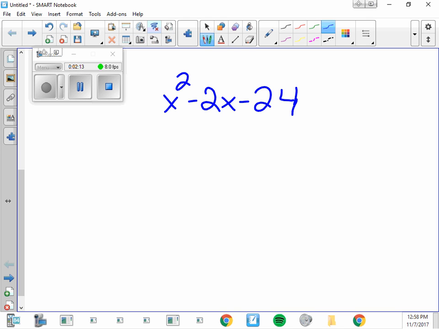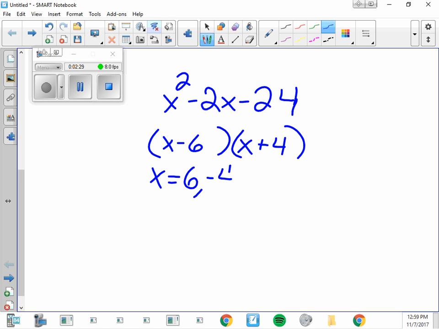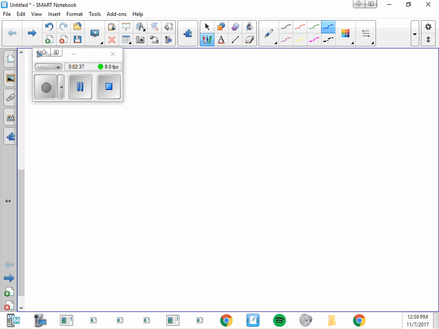Can you think of two factors that multiply to be -24 and add to be -2? -6 and +4. What are the roots? 6 and -4. Is there anybody that can't do that? Okay, good. When do we have to use the box? When we have a leading coefficient.